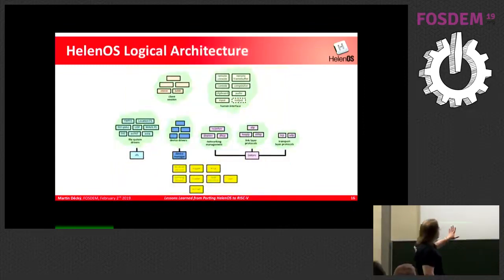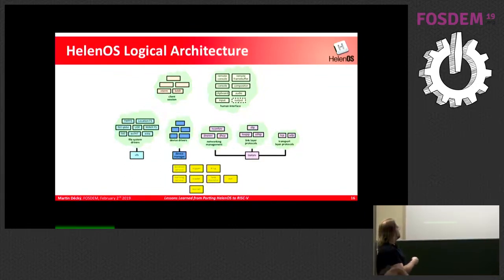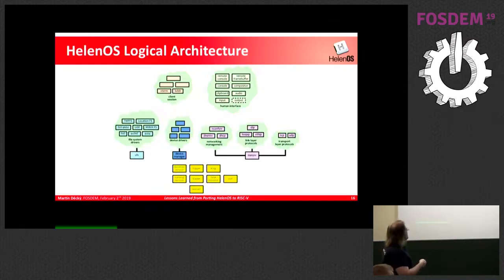And this is just a very simplistic view of the user space. So there is the microkernel at the bottom, and then we have a naming service, a loader, task monitor, and init. These are more or less still very critical services. They are in the trusted computing base, and then we build gradually less and less trusted services on top of them, such as the file system stack, the device driver stack, the networking stack, and so on.